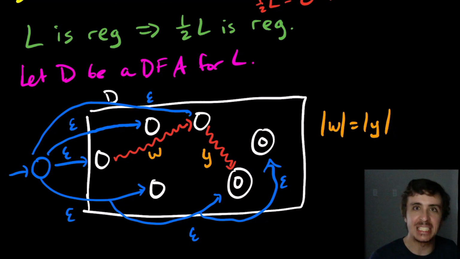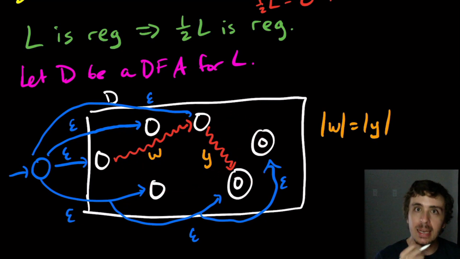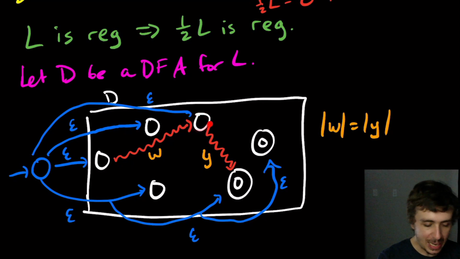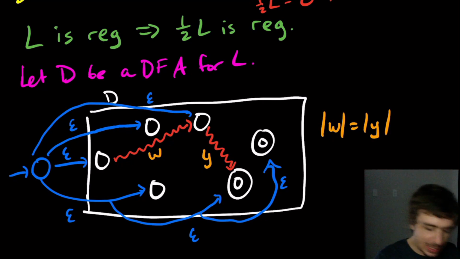Let's just guess it. The problem is, this allows us to start anywhere, and we need to interpret this state that we guess as being the one in the middle. So let's think about it from the original machine's perspective.